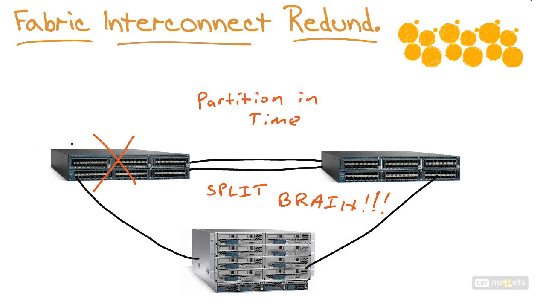Now, the other split brain condition that we can have is referred to as a partition in time. Let's say this node is booting up, and when it boots, it notices, thanks to a version number that is maintained, that it has an old copy of the UCS configuration information.